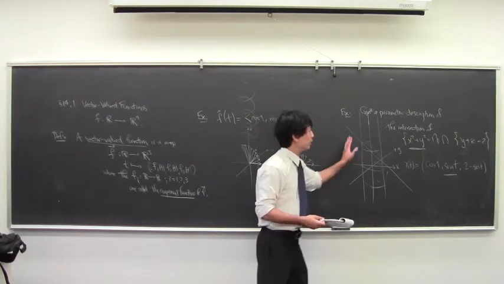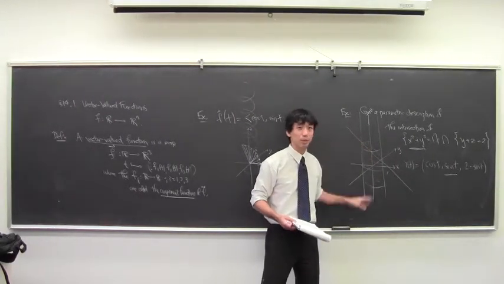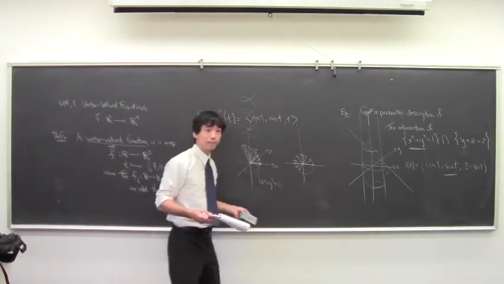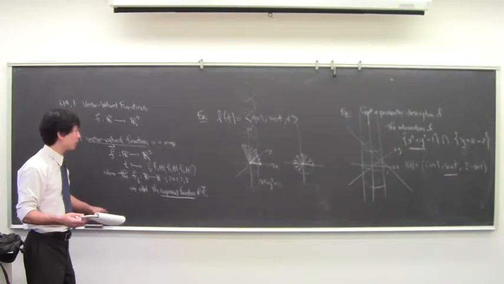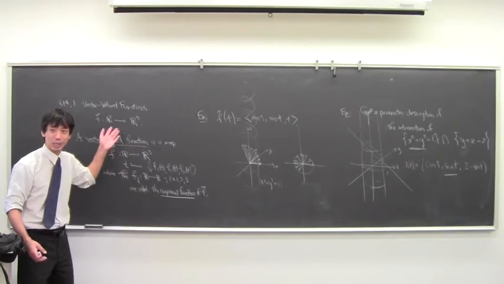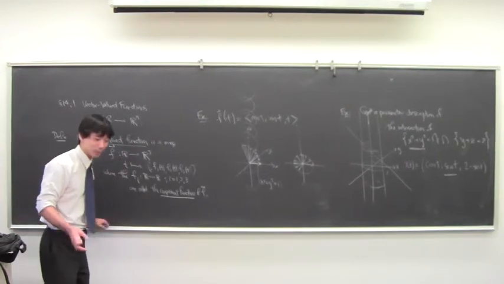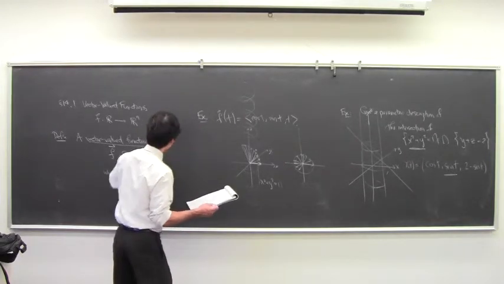So this is an example of a parametric description of this object in space. But in any case, the point is that we're dealing with functions whose outputs are vectors, or positions in space.